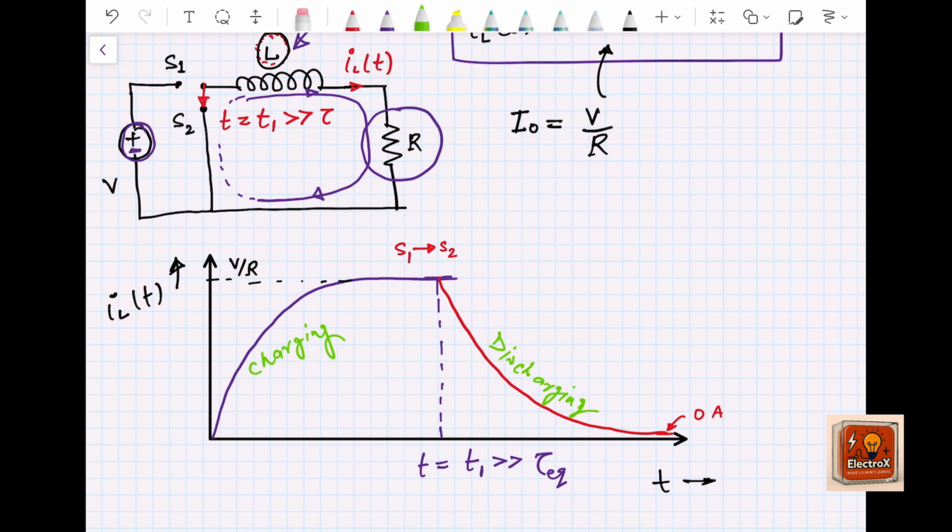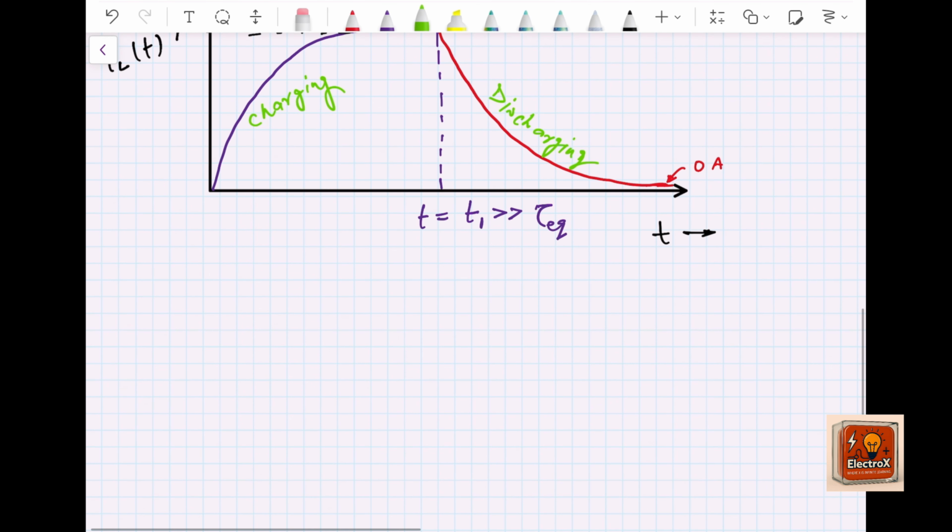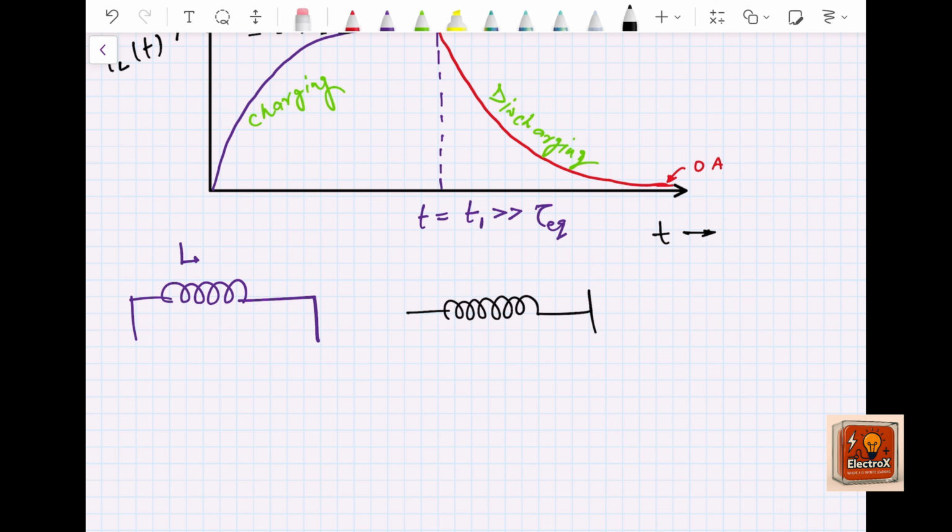The mechanical analogy of an inductor is a spring. So this is the inductor. In the mechanical form, we can say that a spring is connected to a mass m, and whenever we push in this spring, it stores energy.